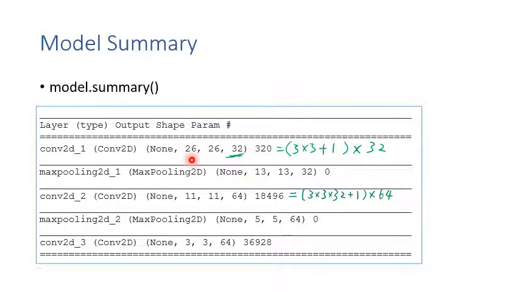One thing to note is that the output shape is slightly smaller than the original input. The original input image is 28 by 28, but now the output is 26 by 26.